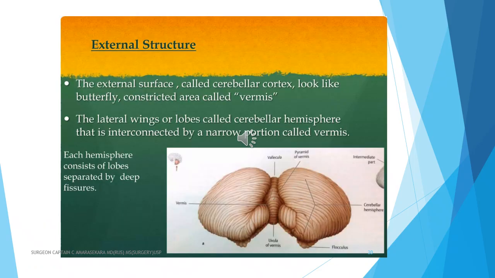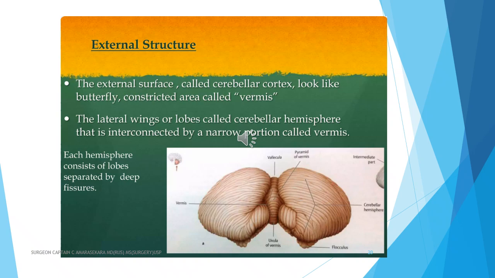So now, external structure and functional topography. Now that we have covered the cerebellum's role in coordination and balance, let's examine its external anatomy, which is both elegant and functionally precise.